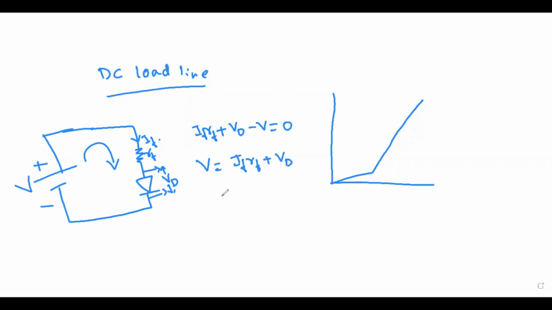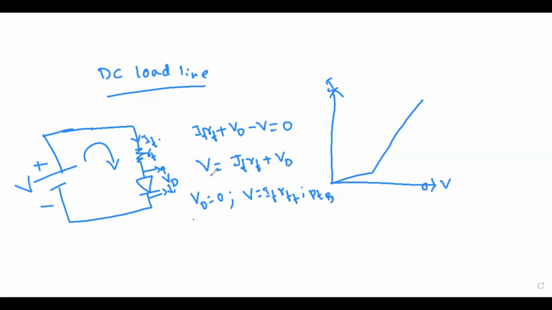Now, this is the current axis and this is the voltage axis. I'll obtain two points, and I have to make two assumptions. The first is, if VD equals 0, then V equals IF into RF.